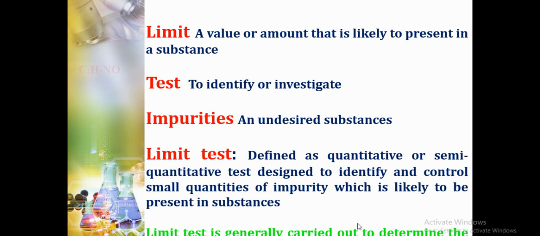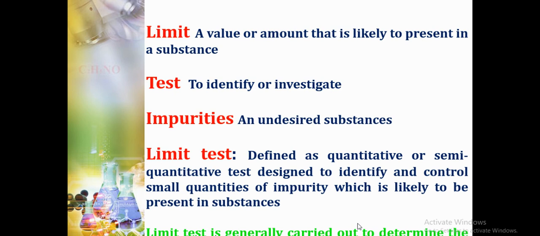For organic impurity, we can purify the API or substance or organic compound by column chromatography. Okay, but we can also purify by recrystallization. But in case of inorganic impurities, we have to perform the limit test.